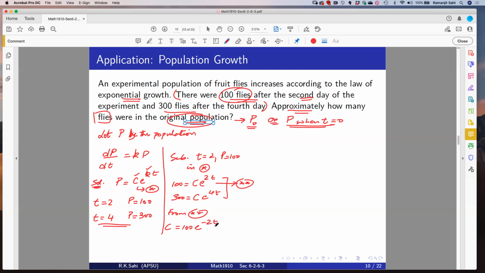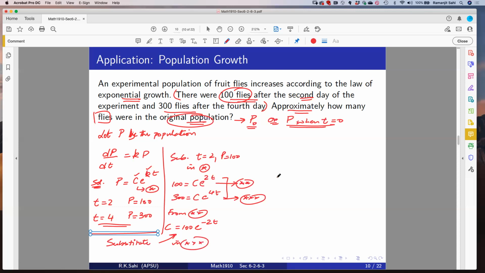Now this C value, I will substitute in the equation with three stars.